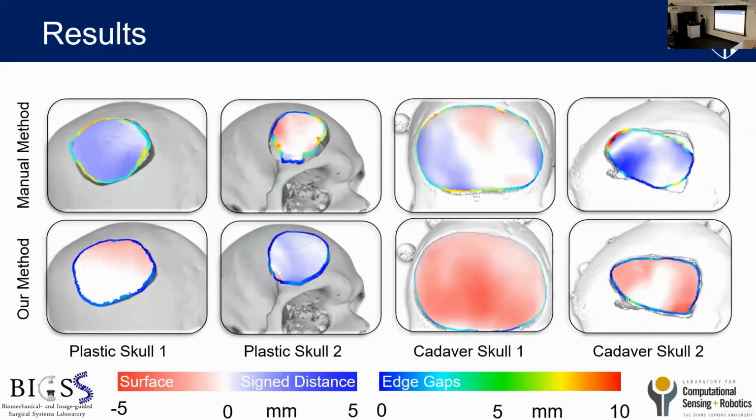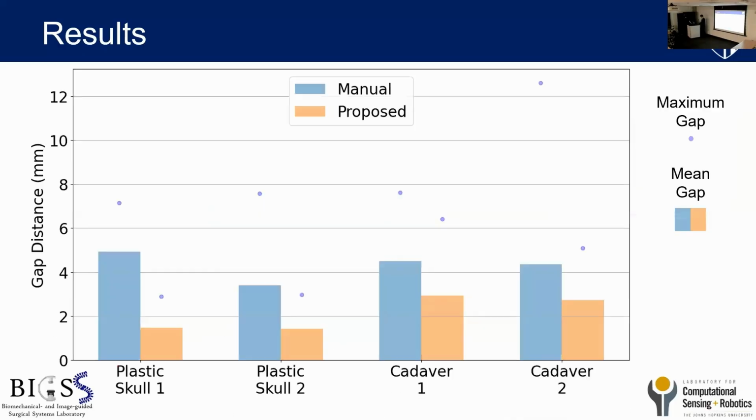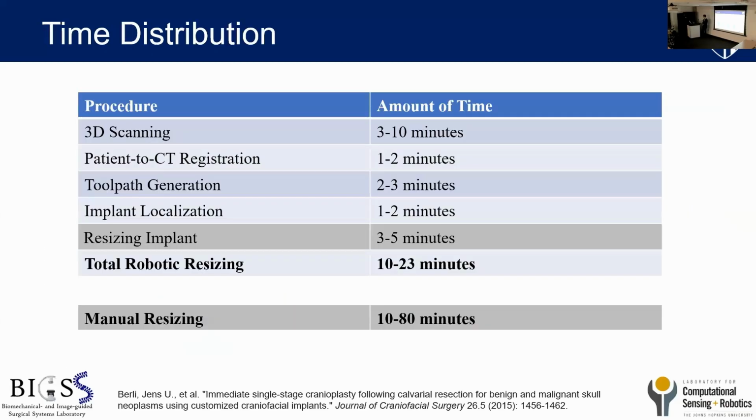And here I also computed the surface distance on the implant surface. This shows the mean gap distance and the max gap distance of the resized implant fitted to the defect. And our system improved the resizing accuracy compared to the manual approach.